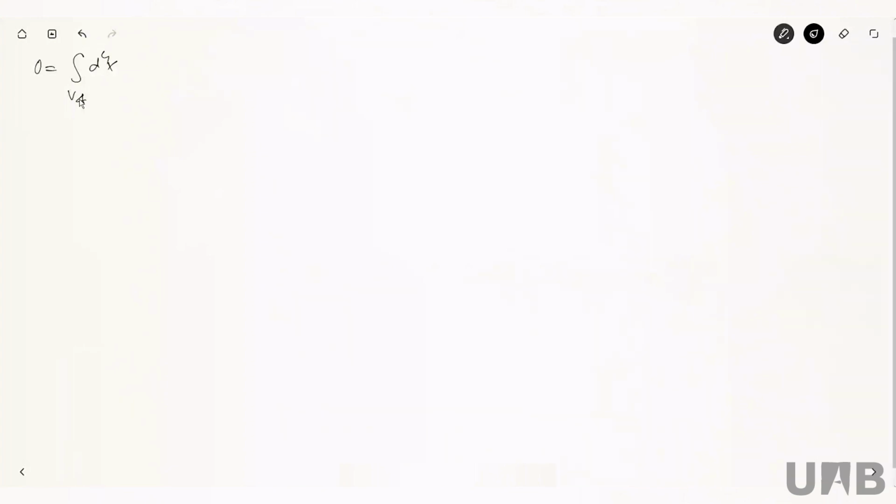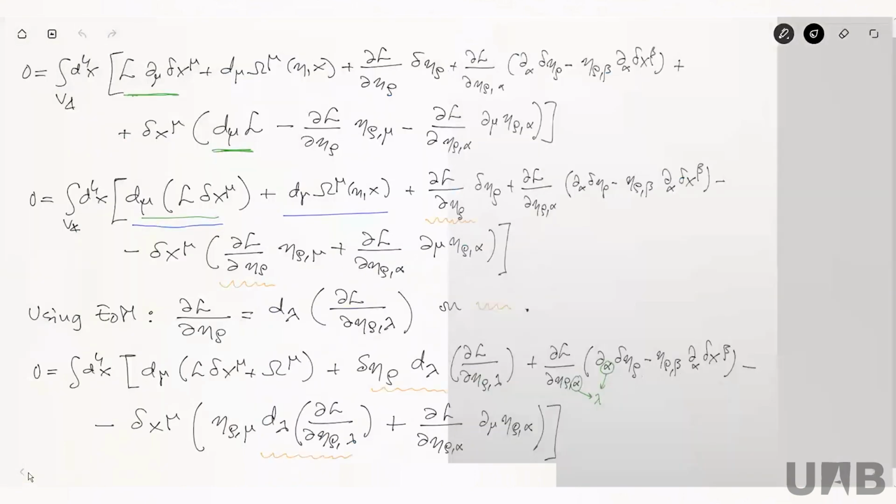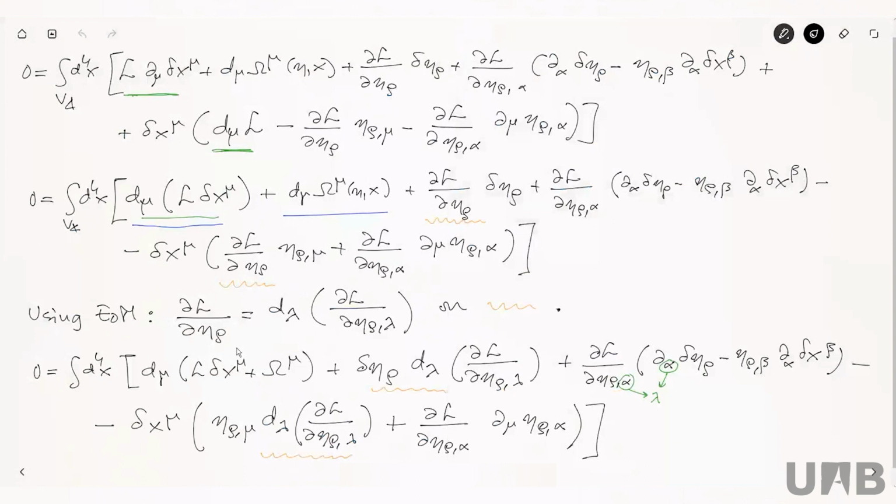Now we write the first term, which is d mu of L delta x mu plus omega mu. This is the same, there is no difference. Now, these two terms, let's see, I don't want to get lost.